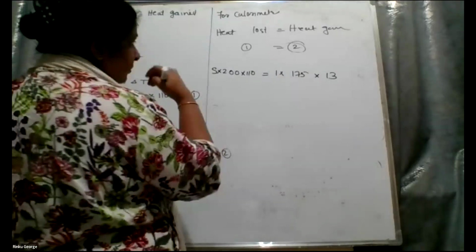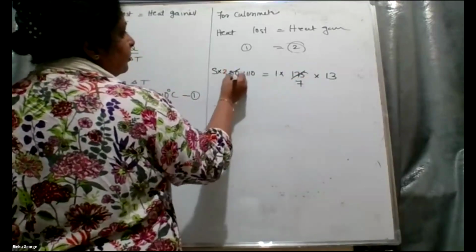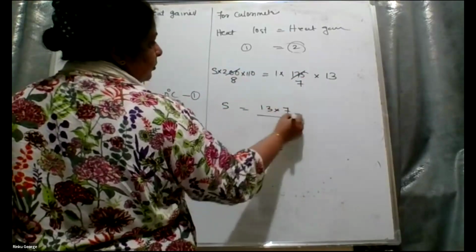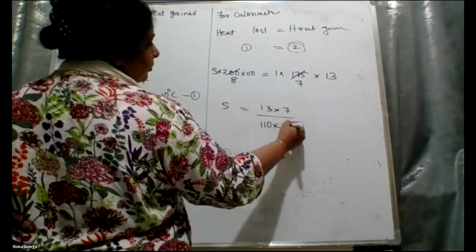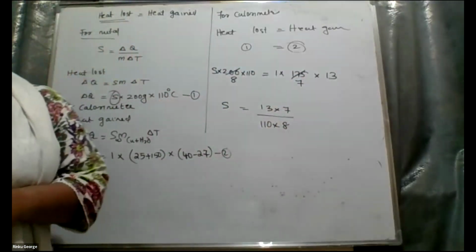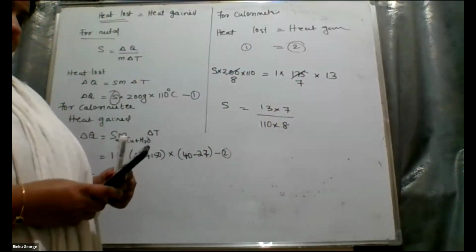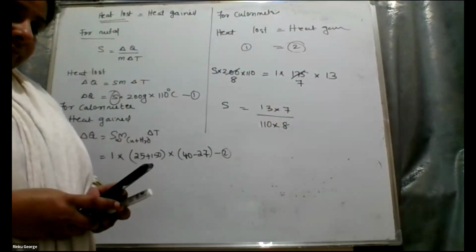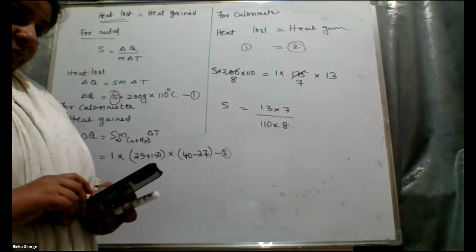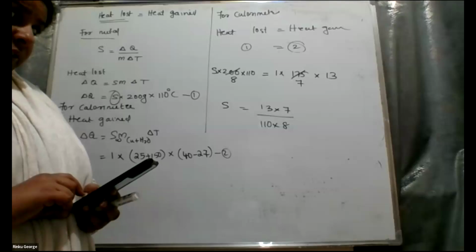Calculate and tell me, I don't know. Very big number. So we should find S here. Four, five, five, divided by one. This is the calculation. How did I get this? Ma'am, will it be 0.103? Yes, yes.